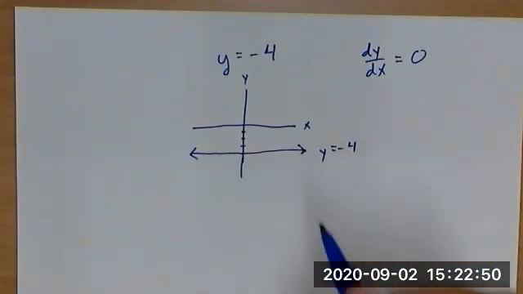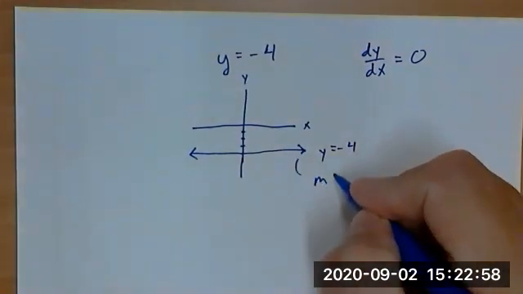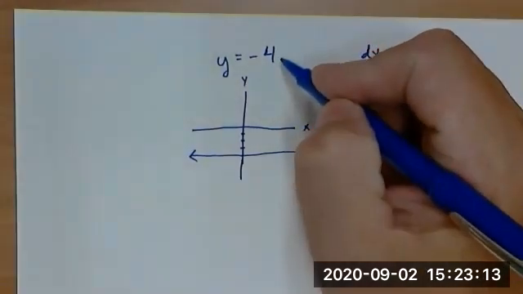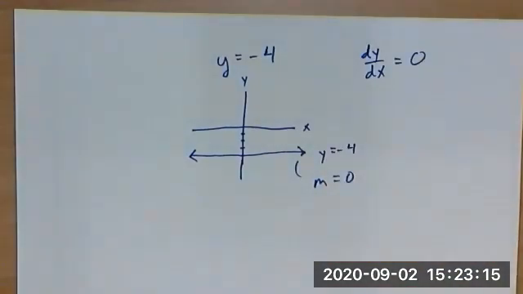What's the slope of this line? What's the slope of a horizontal line? Slope of a horizontal line is 0, which is what our first derivative says. So anytime you're taking the derivative of a number by itself, the number as a term, no variables anywhere in this term, just a number, the derivative is 0.